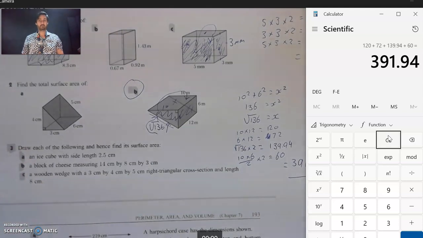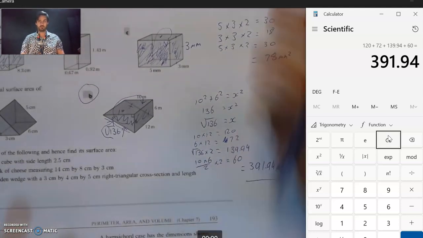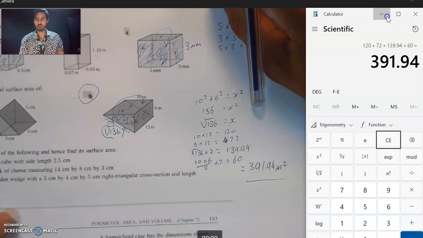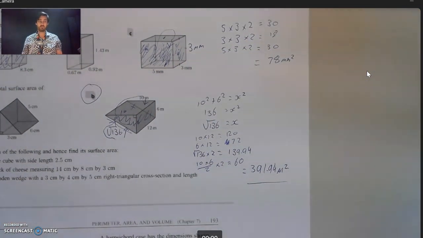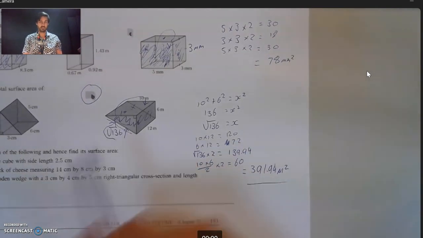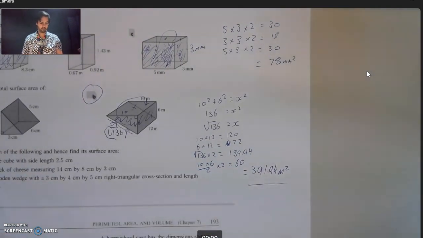Okay, so again, there we go, we'll move that calculator out of the way now. So that's just 2 relatively simple ones. This one's obviously a little bit more difficult because there's an added element of the Pythagoras there.